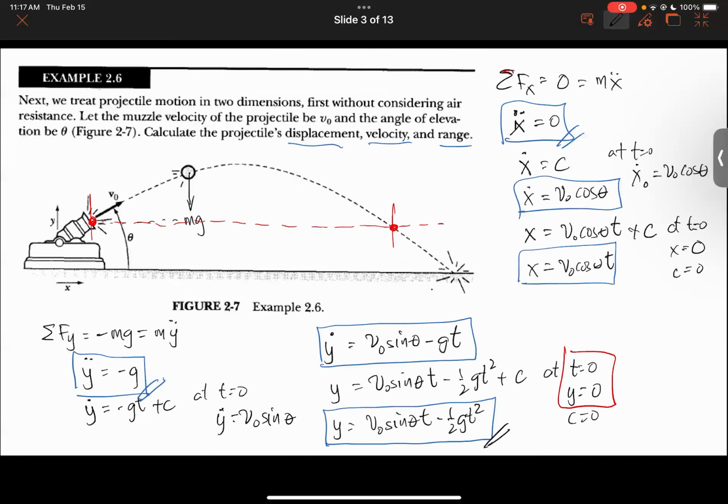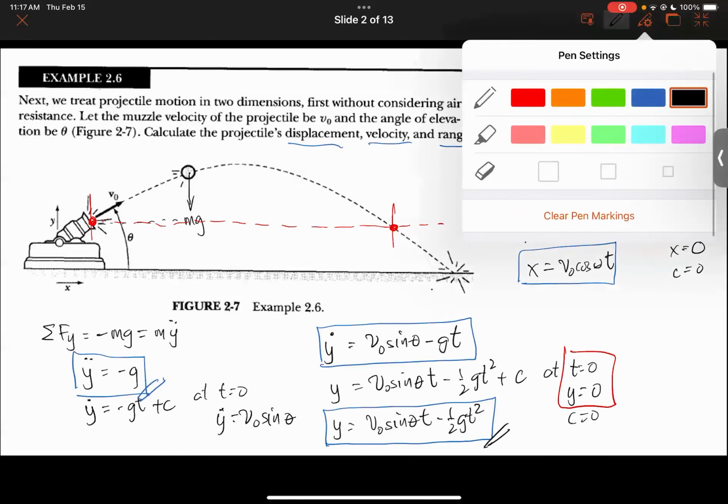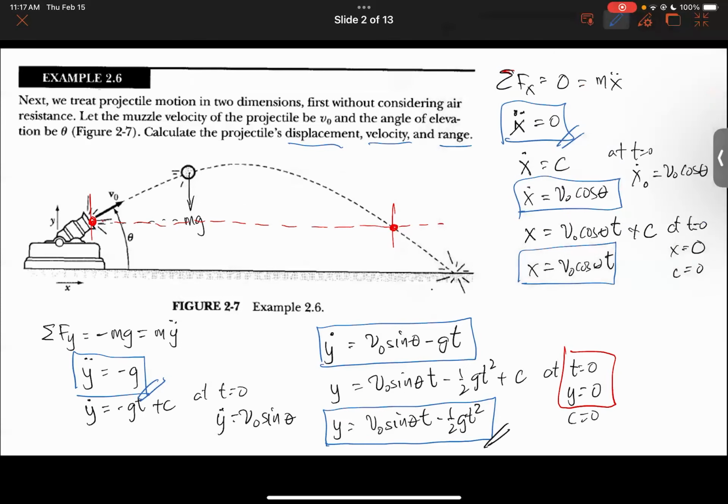Okay. Ang interpretation natin kung bakit dalawa yung solution is that itong point na to, yan yung y equals 0 at t equals 0, and then itong point na to, yan yung y equals 0 at t is equal to 2 v naught sine theta over g.